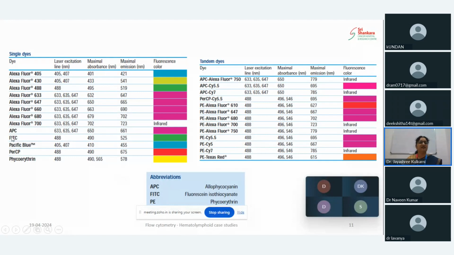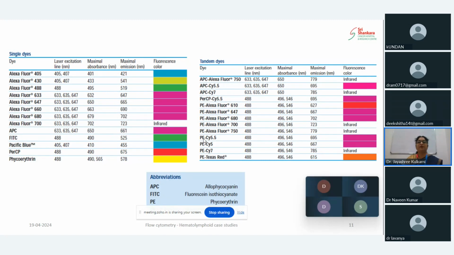Now we have multiple fluorochromes which are available in the market. FITC, APC, you have the PerCP. You should know which fluorochrome is good for which kind of antibodies. So there is a lot of theory on that. You can refer to that. We will not be able to go into details of that.